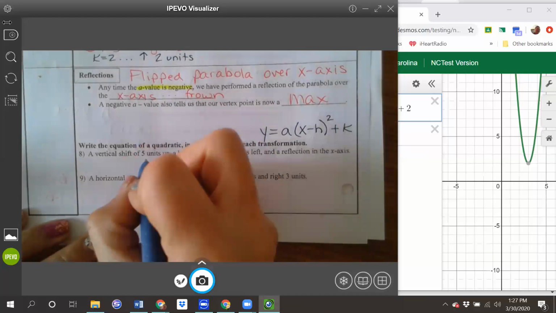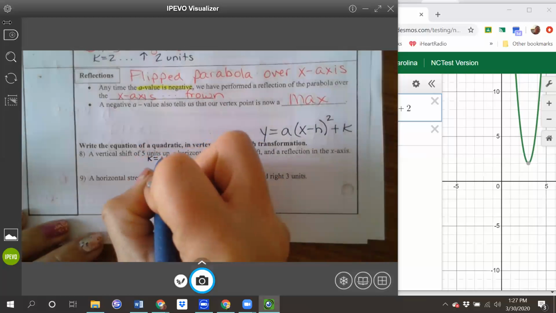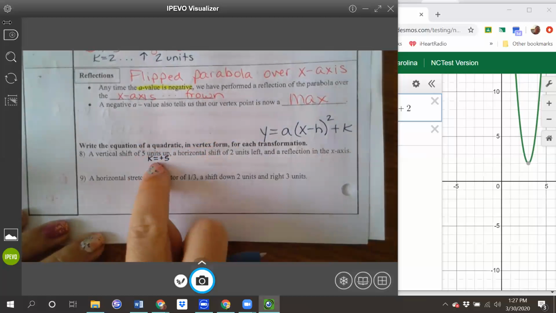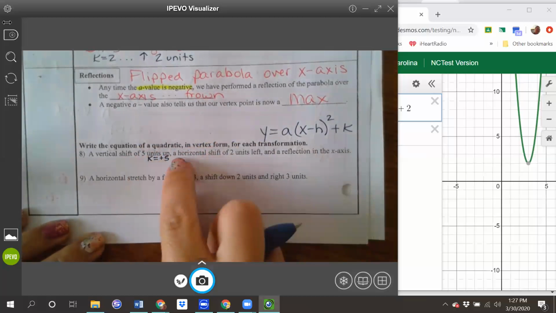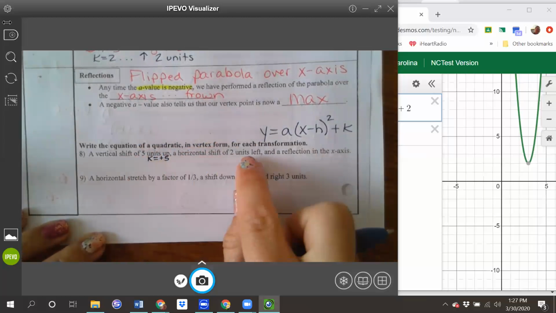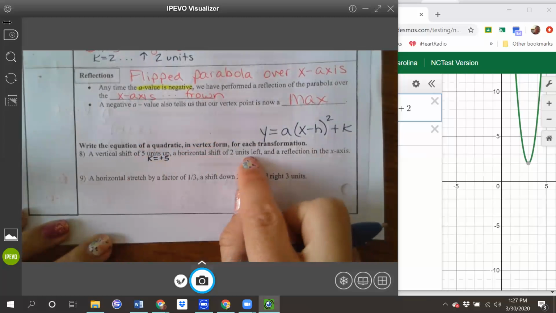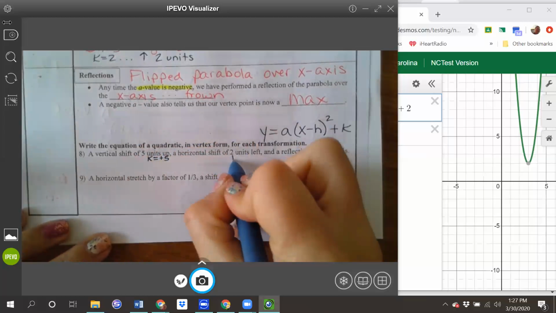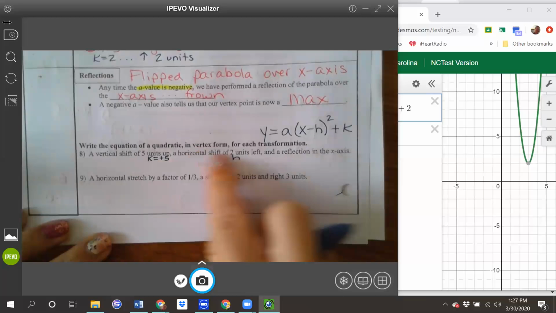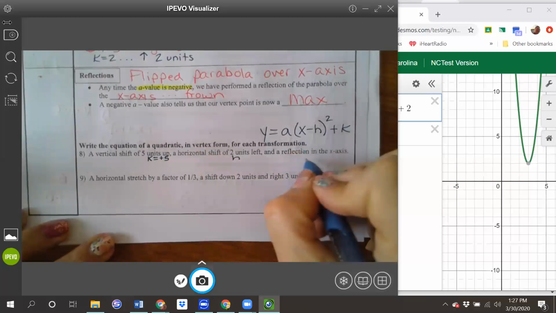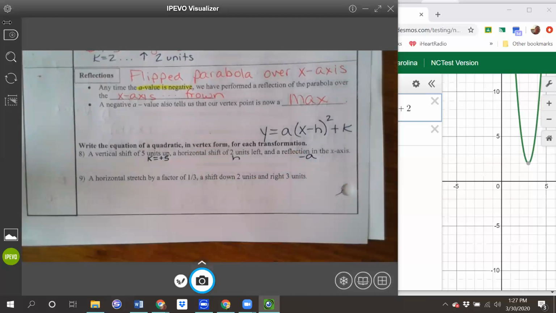That means that k is a plus 5. Going up means k is plus 5. A horizontal shift, that's going to be h, 2 units to the left. So that's h. And a reflection in the x-axis. So that means that we are going to have a negative a.